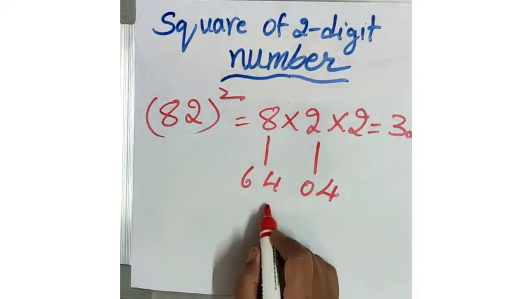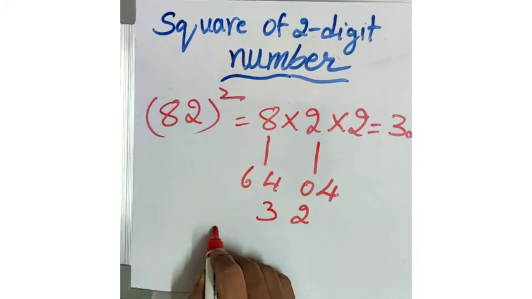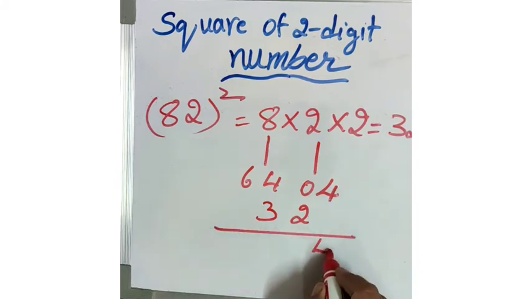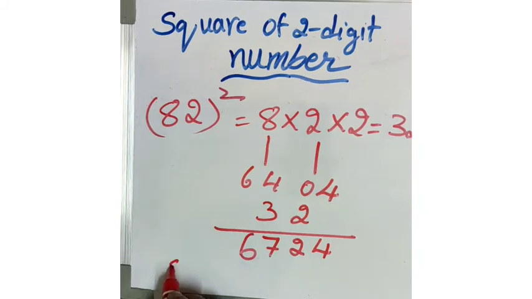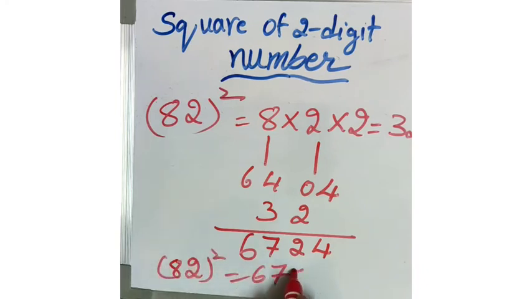So now write 32 below this. So 4, 2 4 plus 3 7 and 6. What is the answer you got? 6724. So 82 square equal to 6724. You may check if you want.